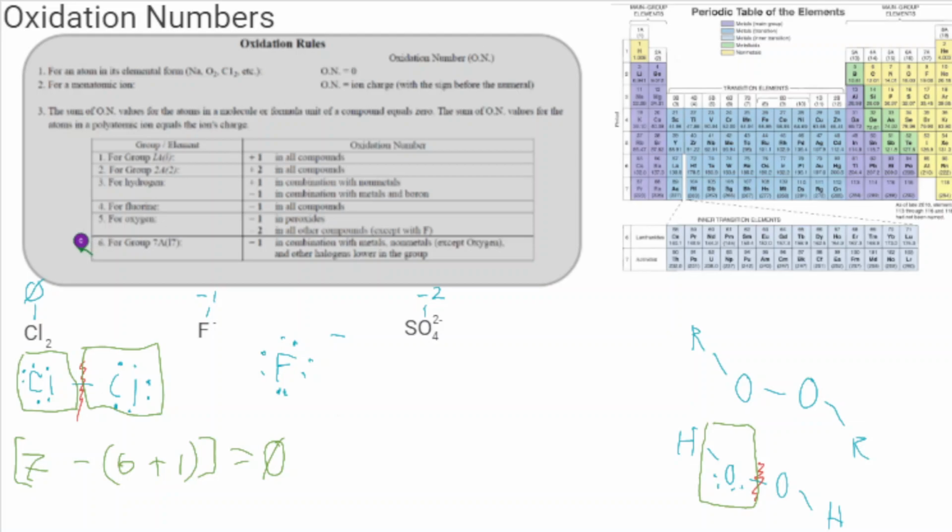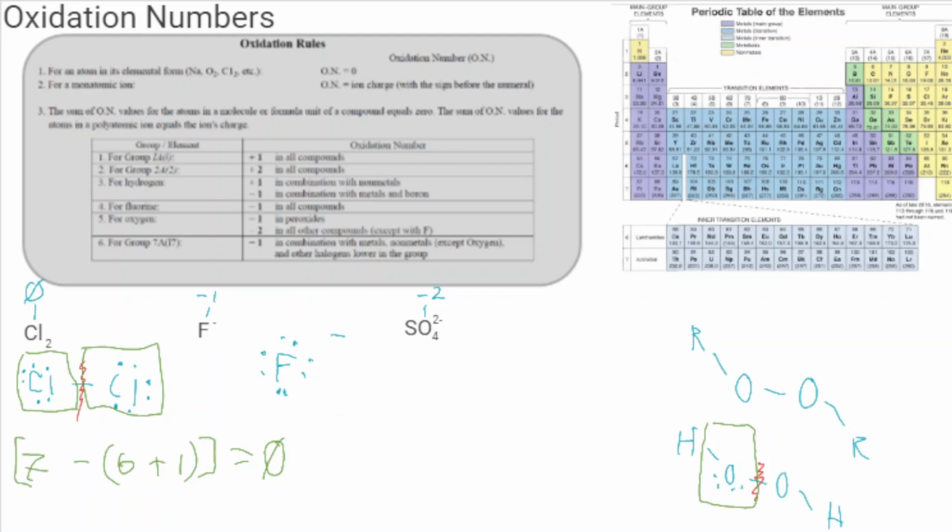And for everything in group 7, so our halogens, so essentially chlorine and down, since we have a rule for fluorine, it's going to be -1 unless it's bonded with oxygen or a halogen that's a little bit higher on the periodic table.